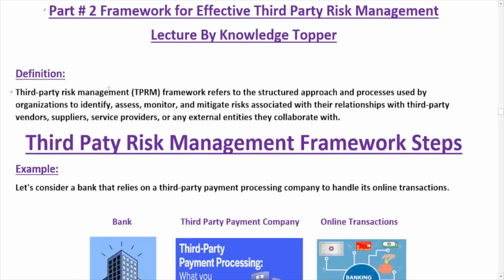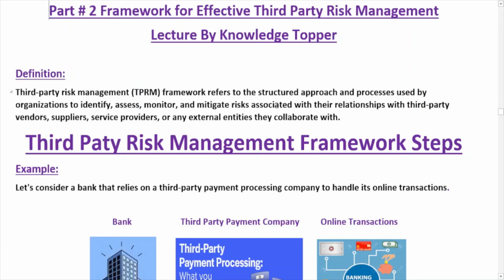First of all, we will discuss the definition, then we will see the third-party risk management framework. So let's start. Third-party risk management framework refers to the structured approach and processes used by organizations to identify, assess, monitor, and mitigate risk associated with their relationships with third-party vendors, suppliers, service providers, or any external entities they collaborate with.